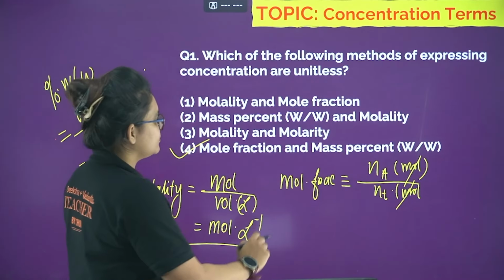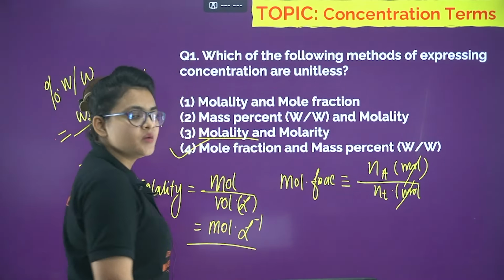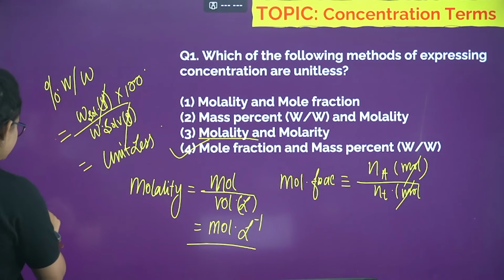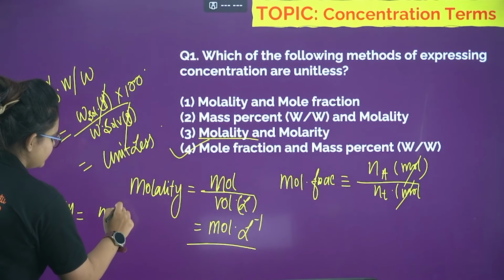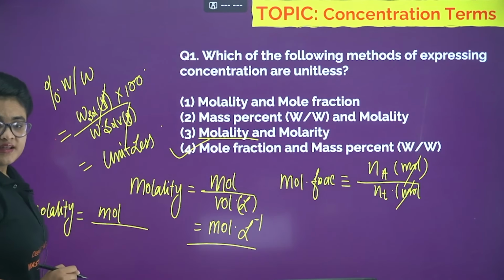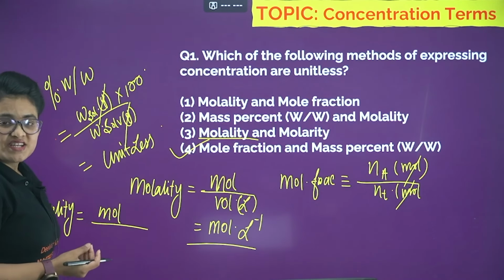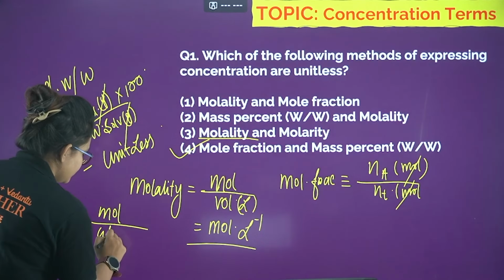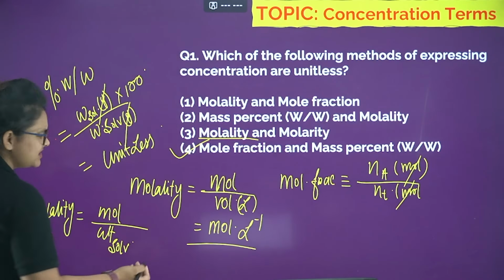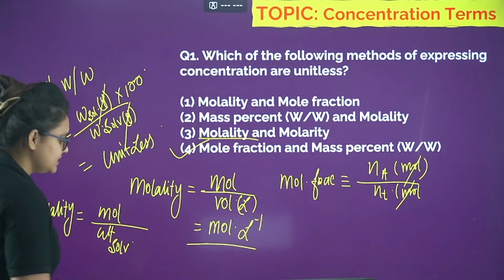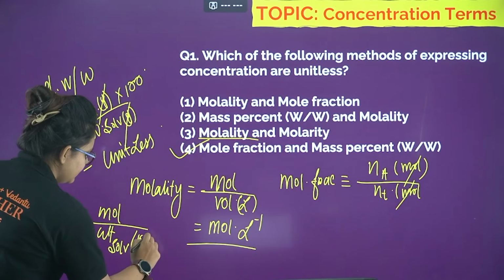One more thing I wanted to tell, that is the molality. Okay, so molality, if you just see, by definition, it is basically the number of moles present per weight of the solvent. So this is the weight of the solvent, right? If you take it in kg, weight of the solvent in kg, right?